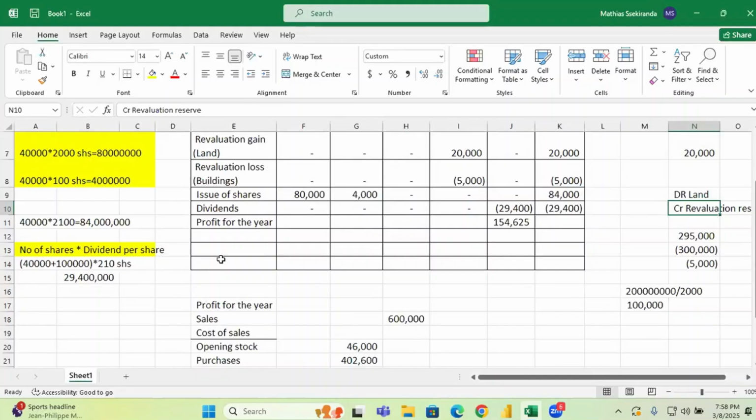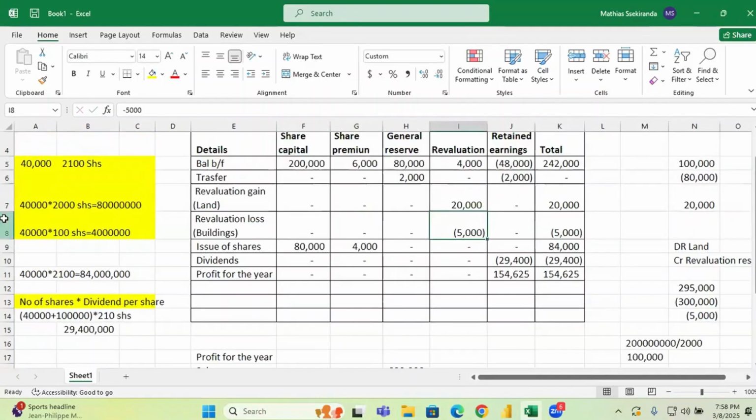Any other questions? So we are going to include the revaluation loss under the expenses? Revaluation loss, by the way, I had even forgotten it. We had to include it under expenses. Thank you.